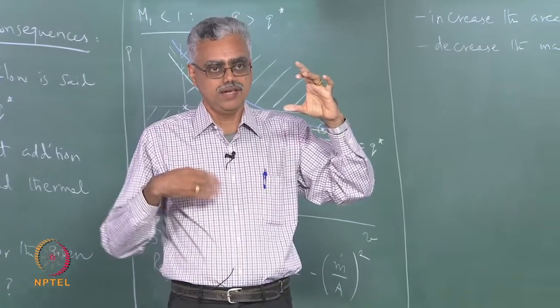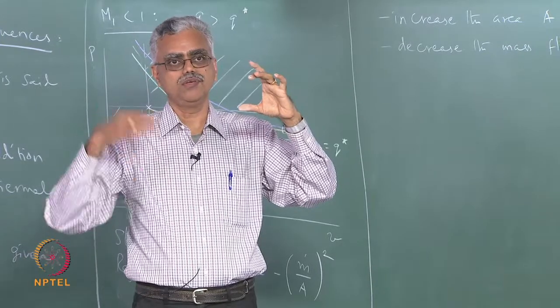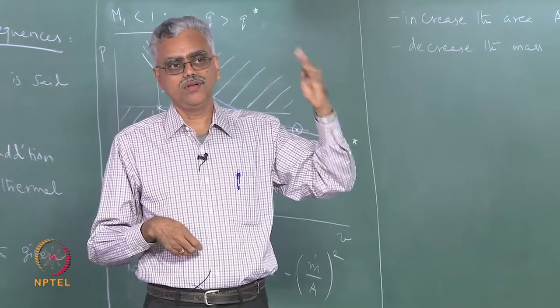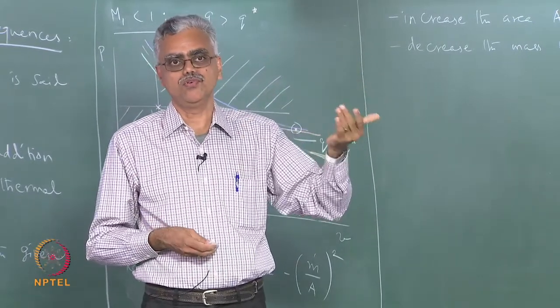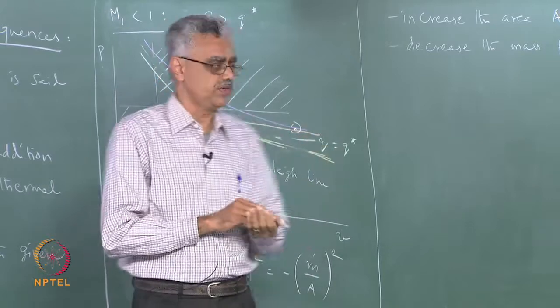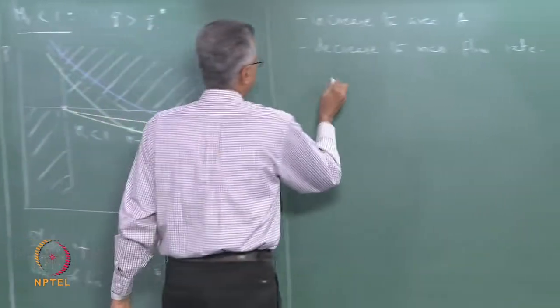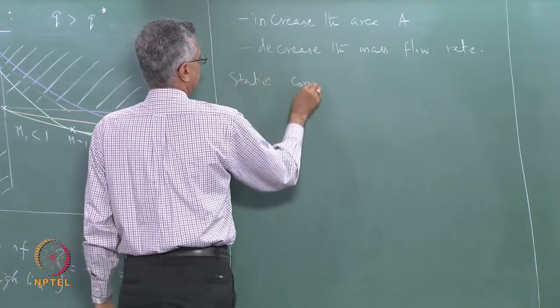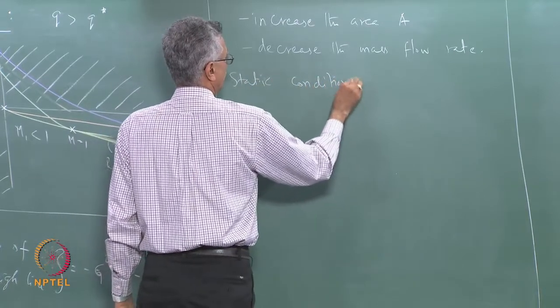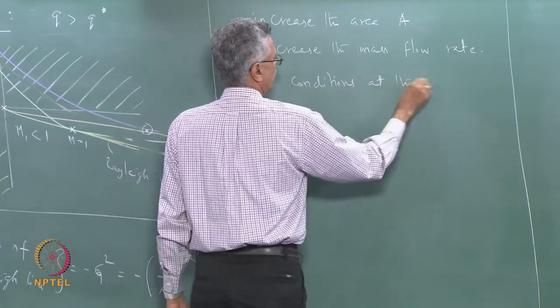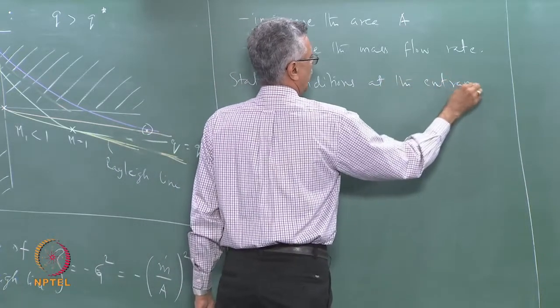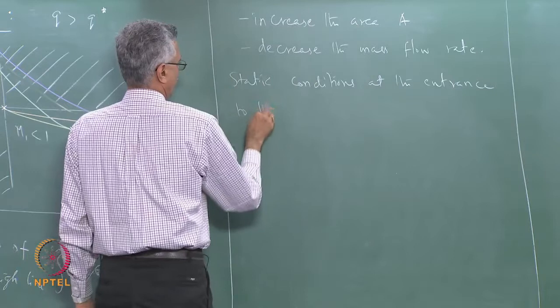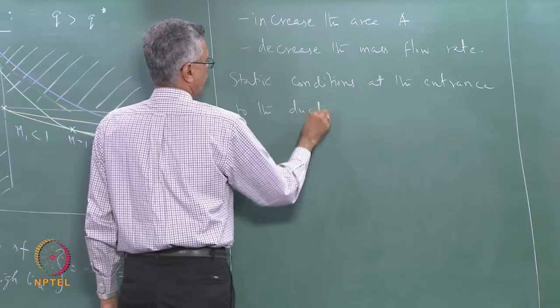So, when I change the cross sectional area or the mass flow rate, that state 1 will no longer be the same state 1 as before. Now, state 1 becomes different. So this means that the static conditions at the entrance to the duct change.